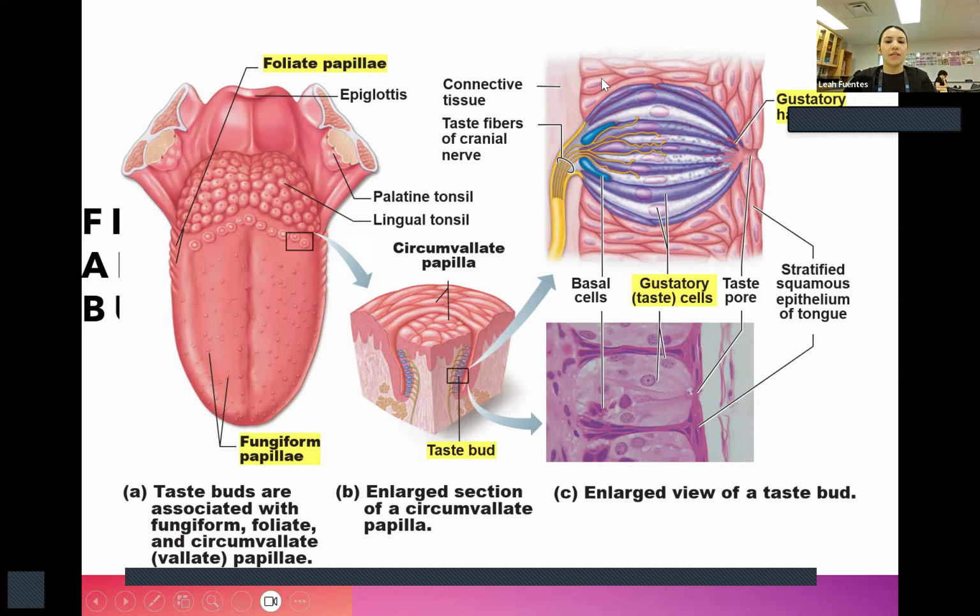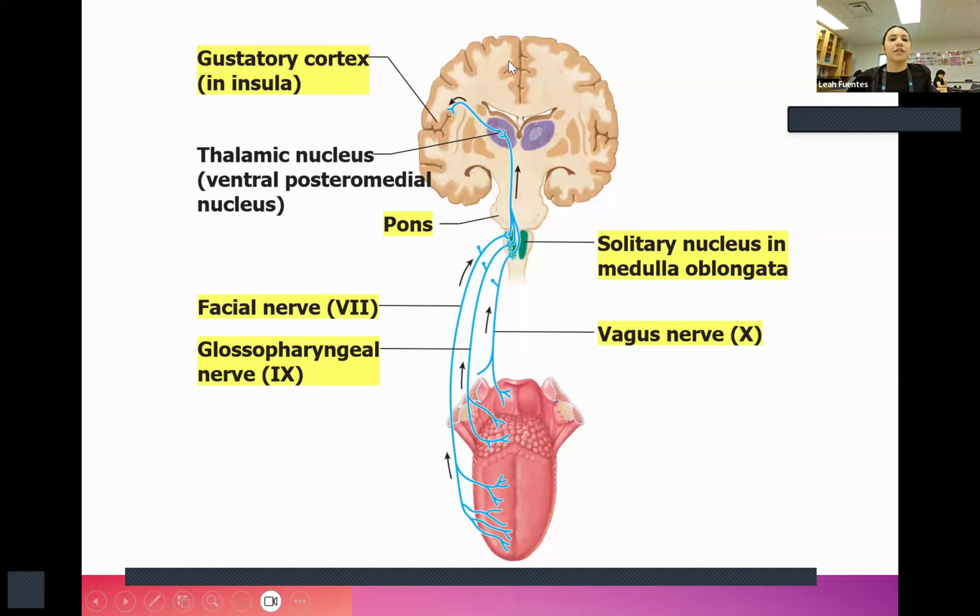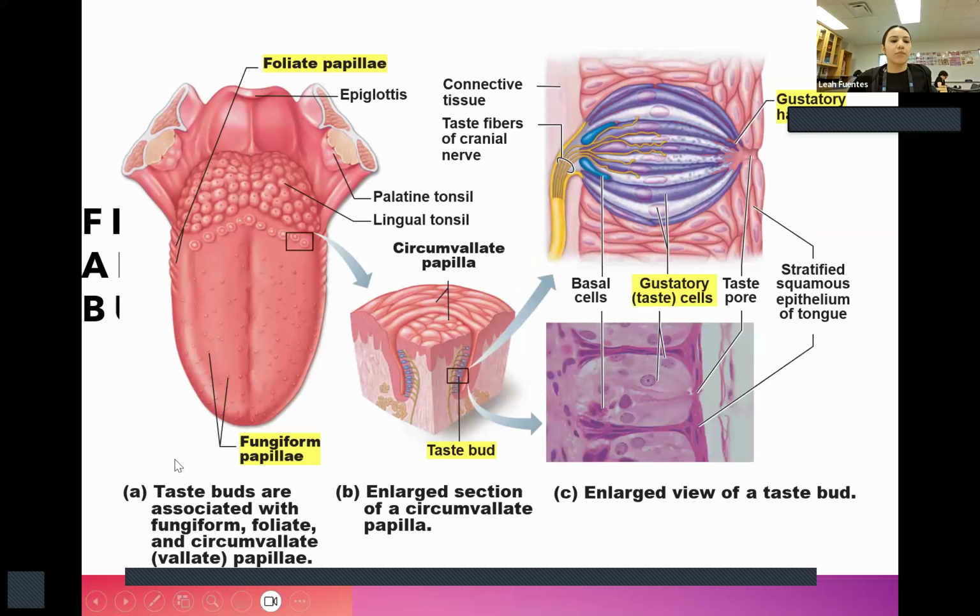It's just knowing the anatomy of the tongue, and how the gustatory cells are located within our body. I would be familiar with the gustatory cortex in your worksheets.